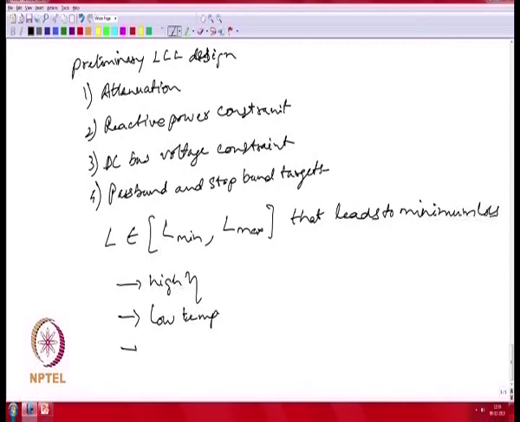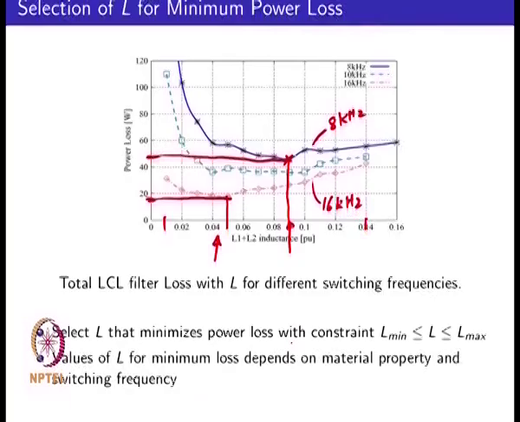So, if you look at it from a net present value basis, your cost of loss is actually reducing. In your net present value, and sometimes if you just go by the rule of thumb, you might end up selecting a larger value of filter inductor, but because you have done the analysis, you might actually be able to select a filter with a lower value than initially thought, which reduces the initial cost too.